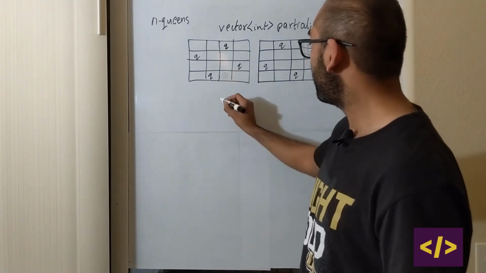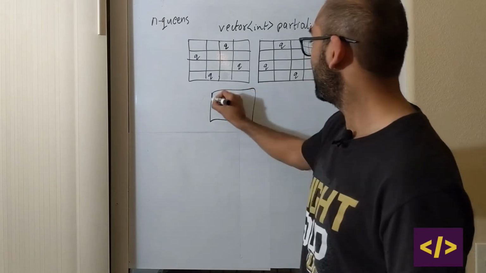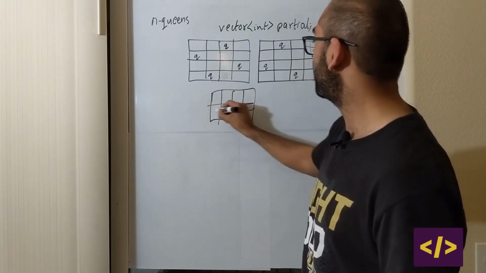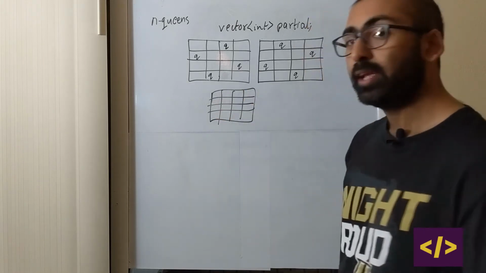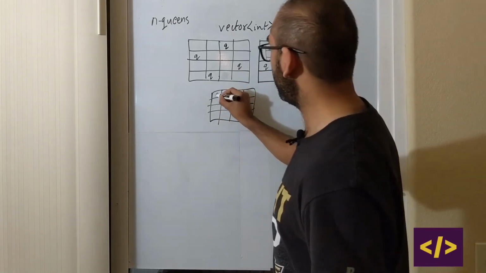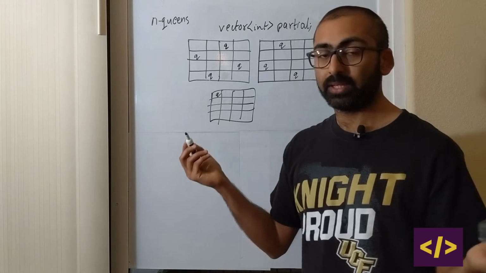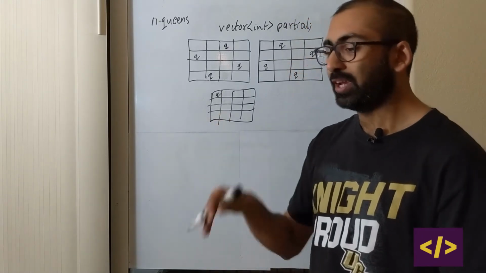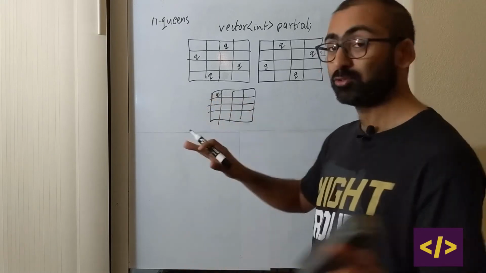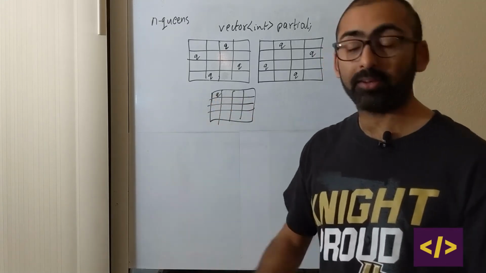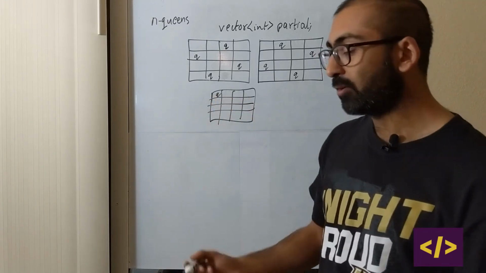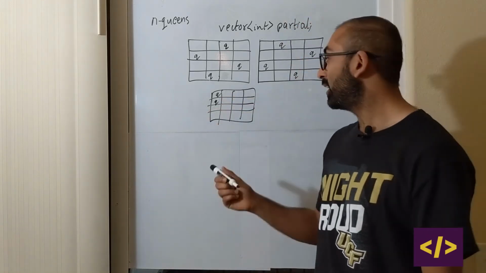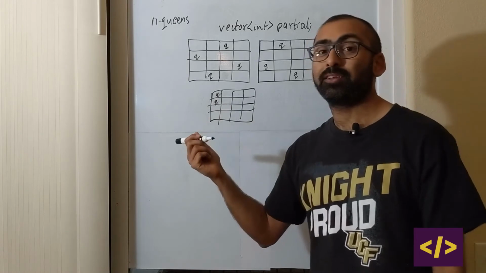Now, let's have some bad examples, okay? I want to have some really bad examples, okay? Let's say that in the first row, we selected Q to be in the 0th column, okay? And then we're good, we keep going down, and so far there's nobody else on the board, so that could be a valid situation, right? Now let's come down and let's say that even for row 1, I want Q to be in column 0.